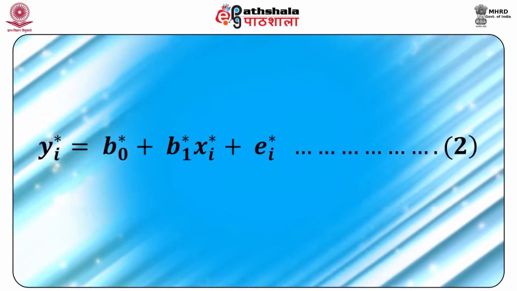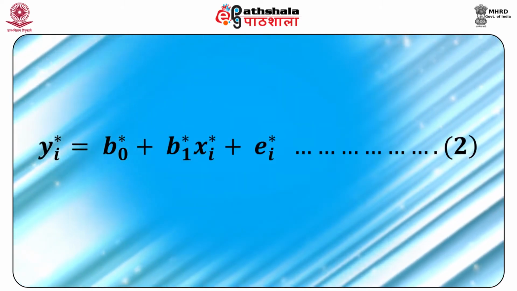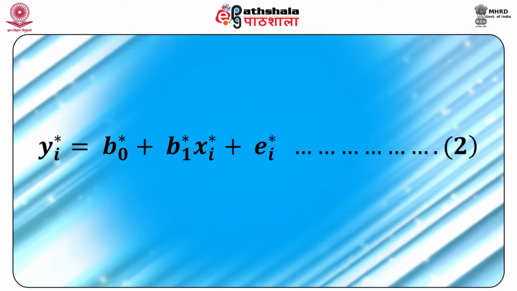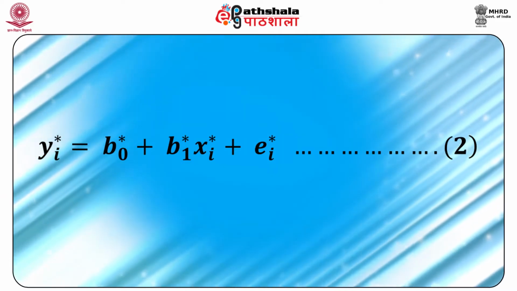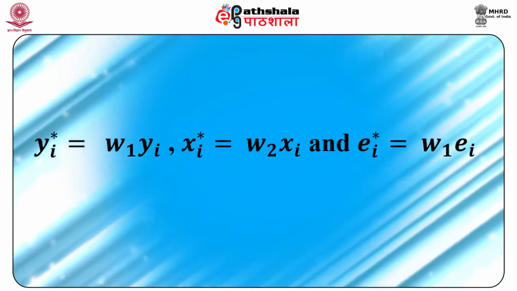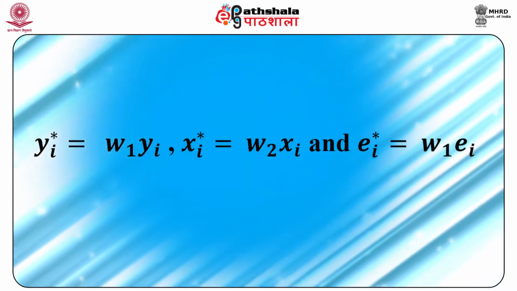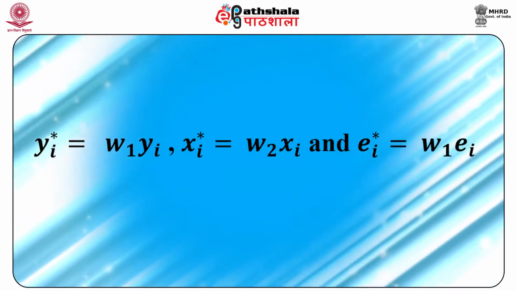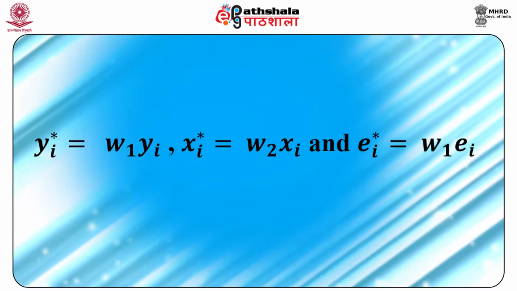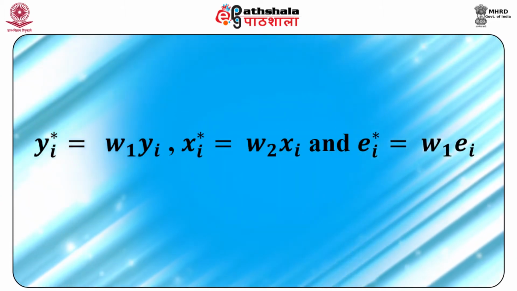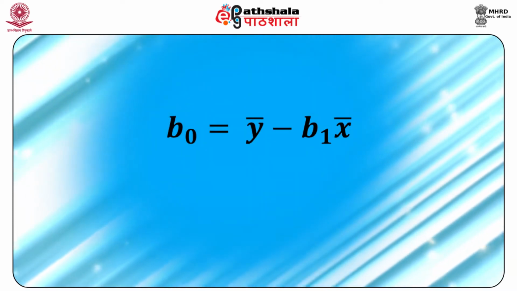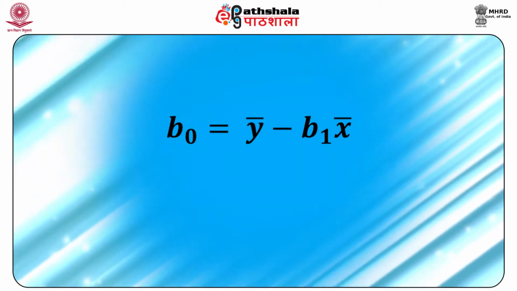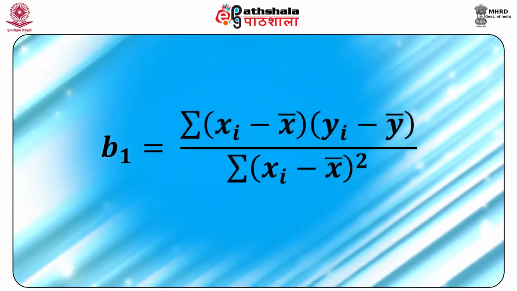Now, in our regression model with yi star and xi star, we have yi star is equal to b0 star plus b1 star xi star plus ei star, which is now our equation 2, where as said earlier yi star is equal to w1 into yi and xi star is w2 into xi, and ei star is now equal to w1 ei. Now, the OLS estimates of equation 1 are given by b0 is equal to y bar minus b1 x bar. I am sure we are all familiar with this result.